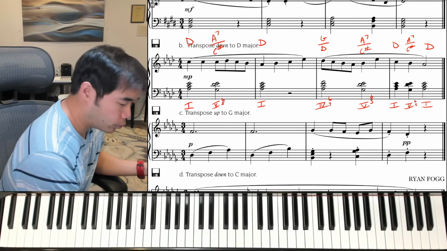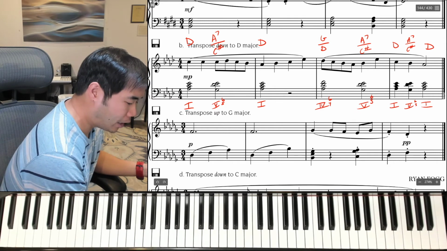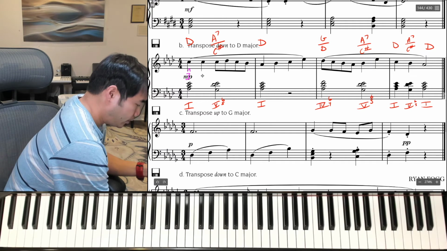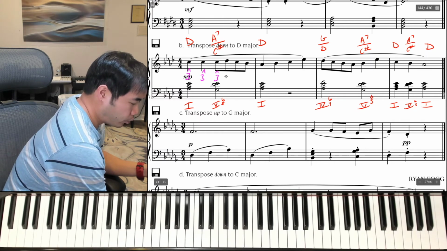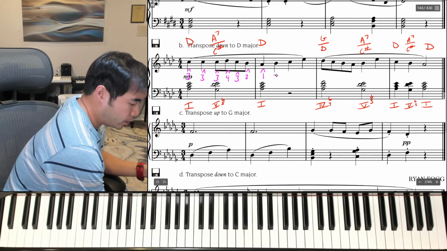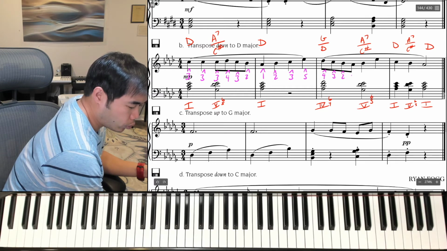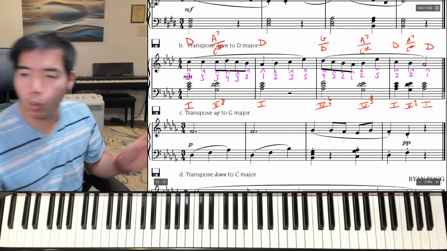So I'm just going to go through here, and again, I'm going to write down my scale degrees. 3, 3, 3, 4, 3, 2, 1, 2, 3, 5, 4, 3, 2, 1, 2, 5, 3, 2, 1.